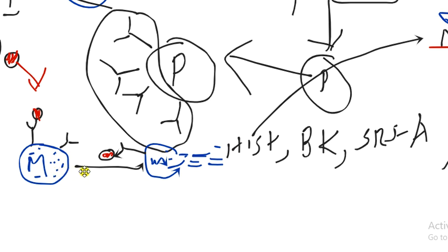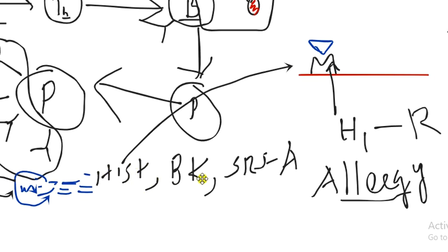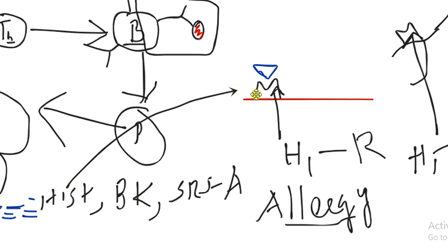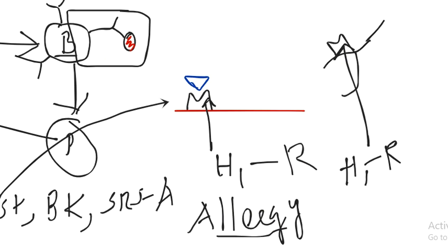So the mast cell is going to undergo degranulation, and it produces histamine. The histamine binds with H1 receptors present in the blood vessels, nerves, smooth muscles, and central nervous system. So it mediates the allergy responses.